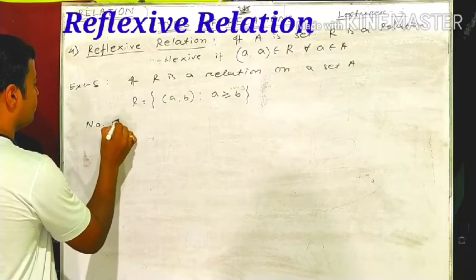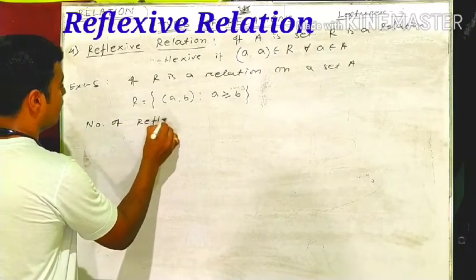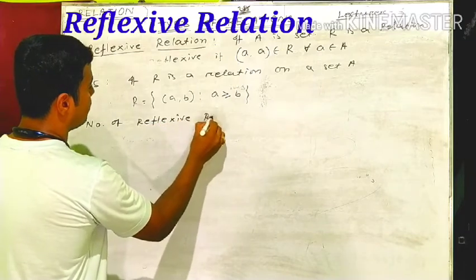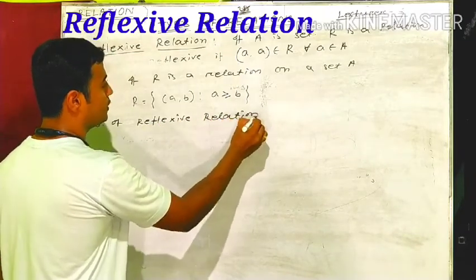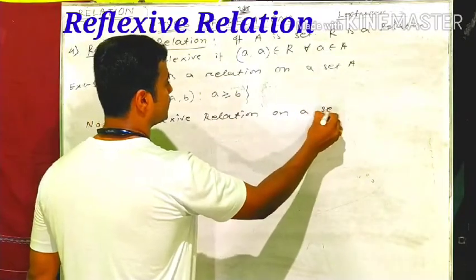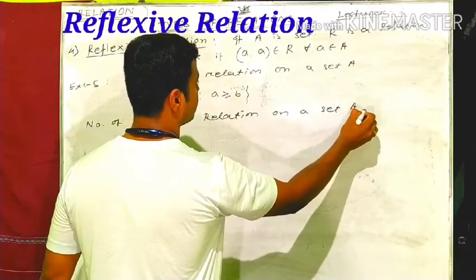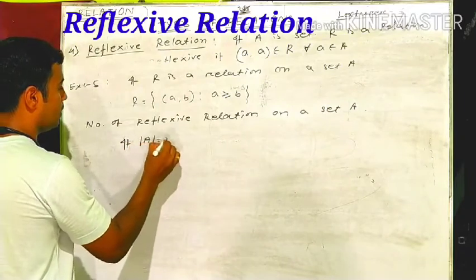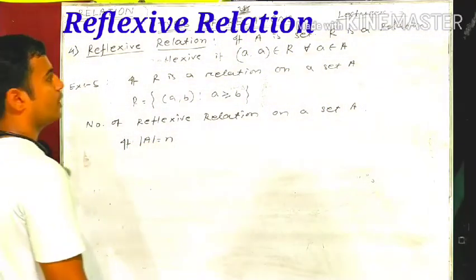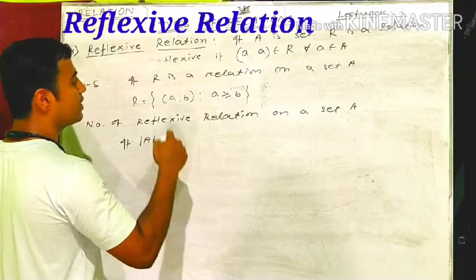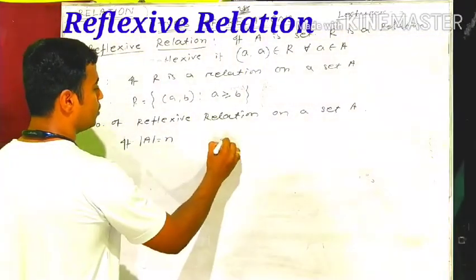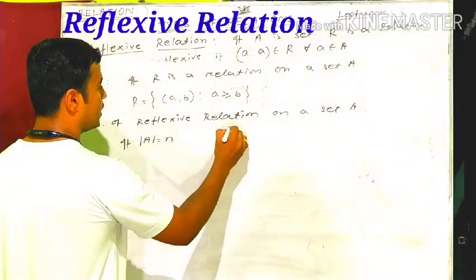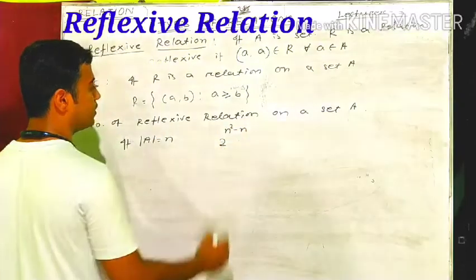Next, the number of reflexive relations on a set A. If the cardinality of A equals n, then the total number of reflexive relations is 2 to the power n squared minus n.